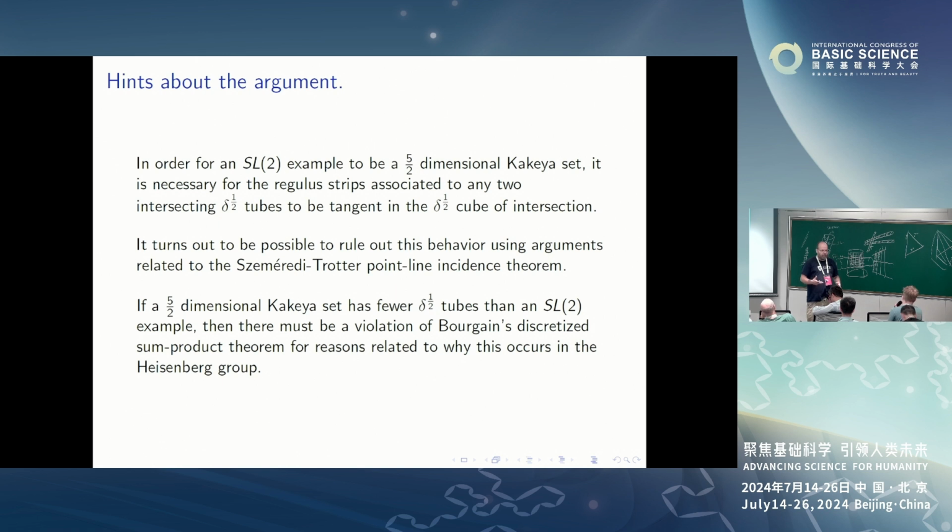The argument is that if you have a near miss, either it violates the discretized Bourgain sum-product theorem, which means that hiding inside of it is a kind of Heisenberg group, or else it has to be of this form: it consists of a three-dimensional set of fat tubes with a regulus strip in each one, so that the fat tubes are essentially a quadratic surface of fat tubes, and each two regulus strips in intersecting fat tubes are tangent.